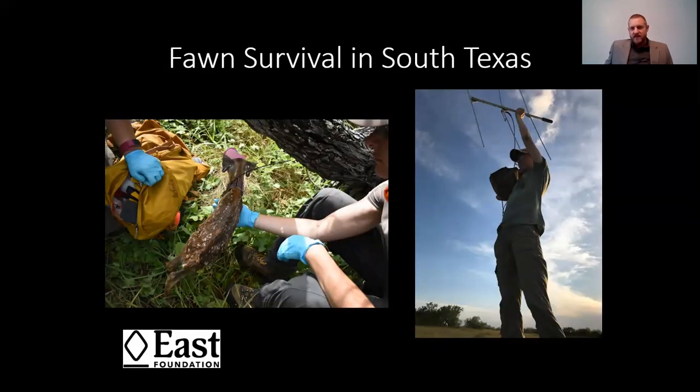So we're partnering with the East Foundation to do just that, a more intensive study where we can actually look at the drivers of fawn survival. And what's so fortunate about doing this with our partners at East Foundation is that they have the San Antonio Viejo Ranch, which has no supplemental feed and no harvest, which can both be confounding factors when thinking about the impact of environmental conditions on deer populations.